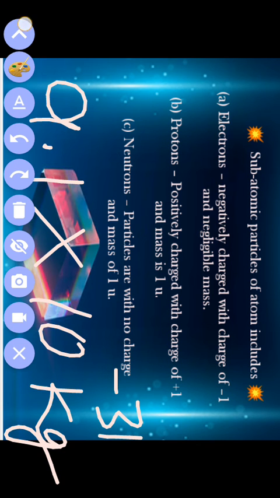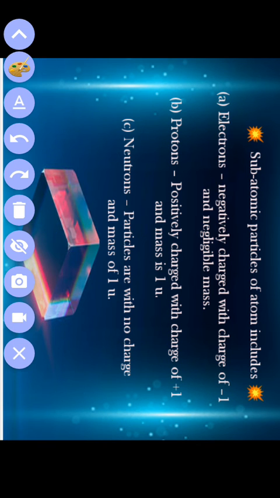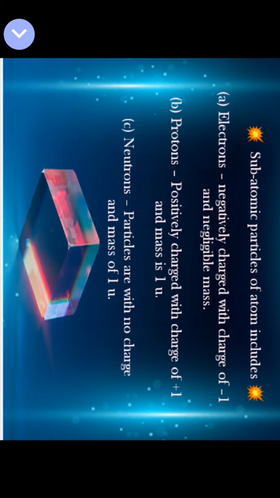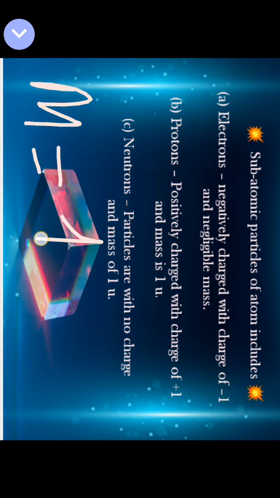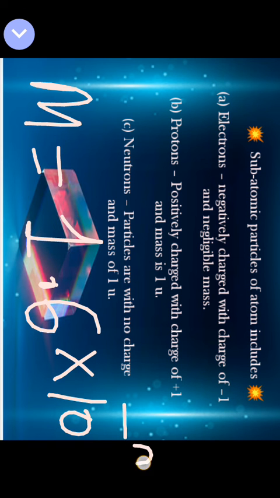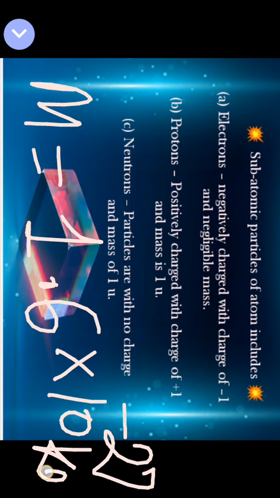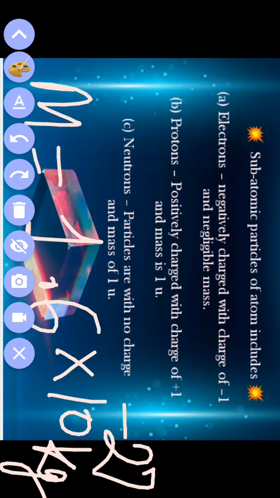Now let us see the mass of a proton: m equals 1.6 into 10 to the power -27 kg. And listen, the power is -27.